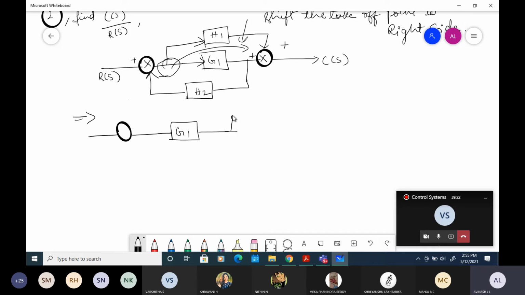So now when you shift the takeoff point after the block, what do we need to do? Please refer to the previous pages and tell me.